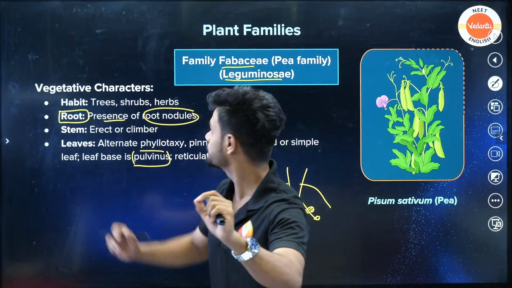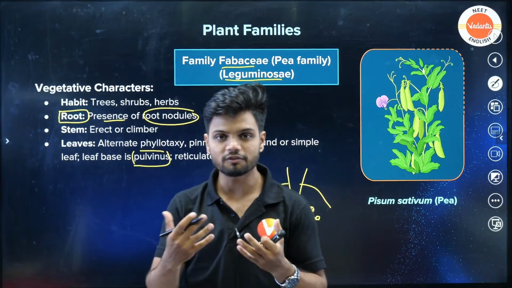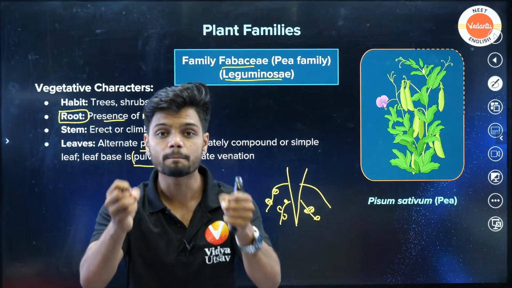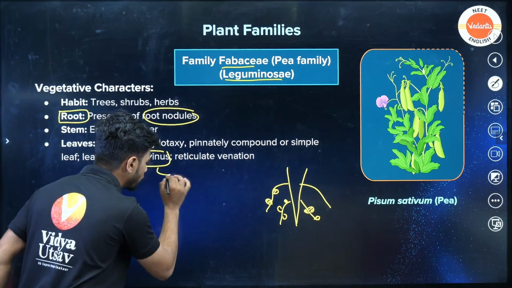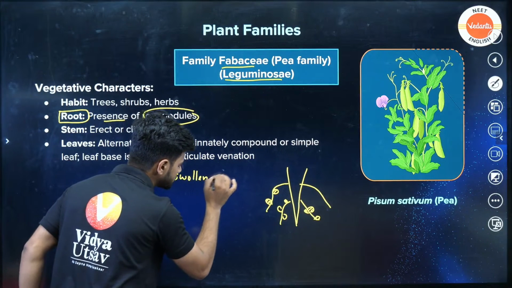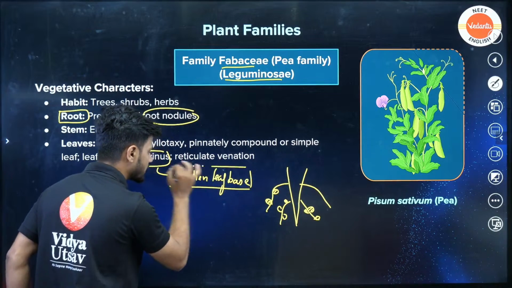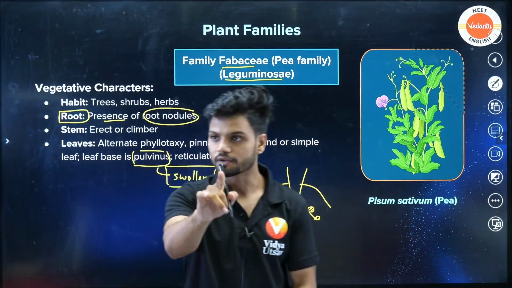The example here is going to be your Fabaceae family. The meaning of pulvinous is swollen leaf base. Write down this point, all of you: swollen leaf base. Again, a very important point. Done everyone, all of you?